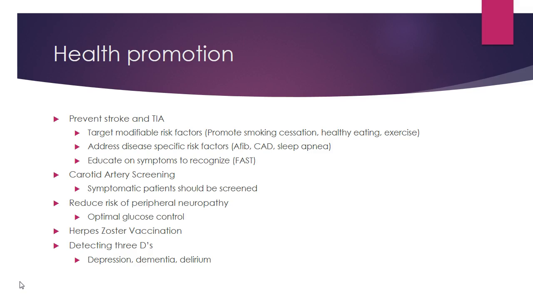So are they having rambling or irrelevant conversations? Is it illogical? Or an abnormal level of consciousness? Are they anything besides being alert? Are they hyper alert? Are they lethargic? Are they stuporous? These things can be indicative of delirium.